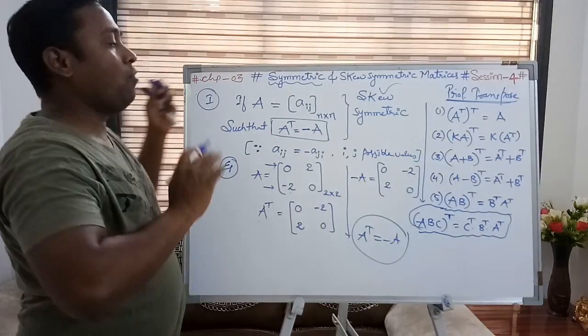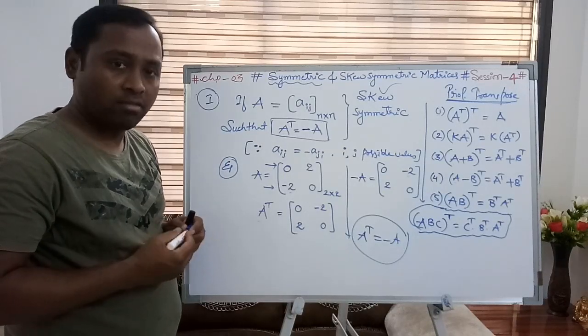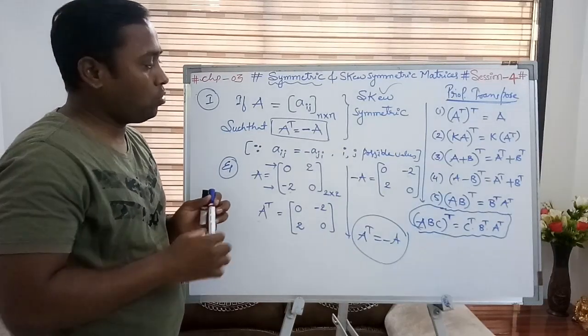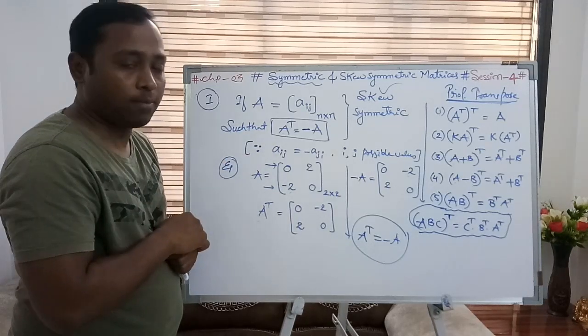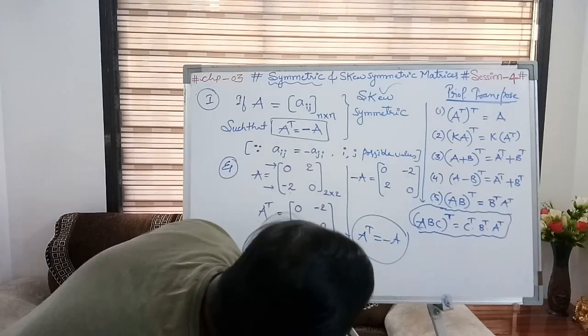Now we have understood symmetric and skew symmetric matrices. Let me elaborate these two matrices in short in symbolic form.